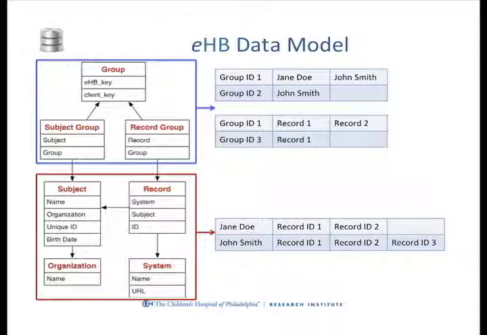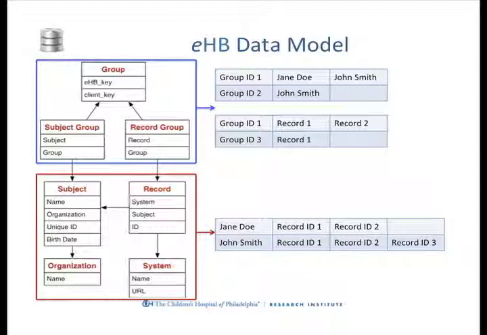In our case, it happens to be a REDCap database and a LIMS sample management database. You can think of this as looking like a table, which is what I'm showing to the right here, where each row in the table is a subject and their associated IDs. And it's simple enough to think about it in that way.